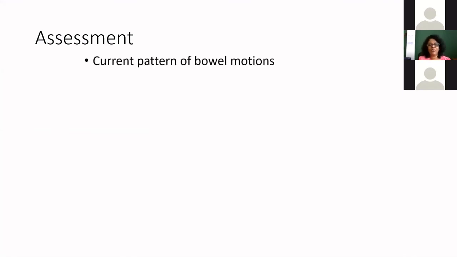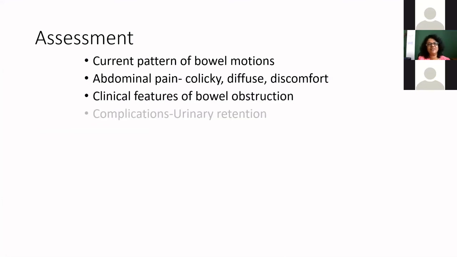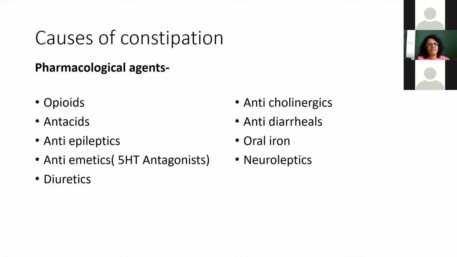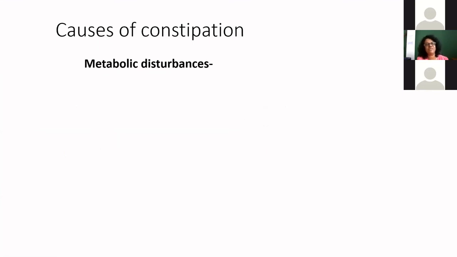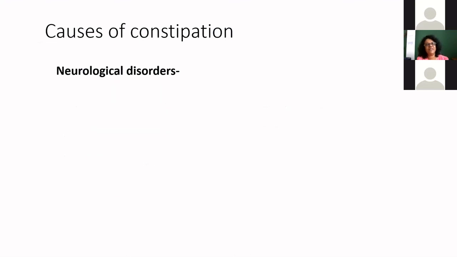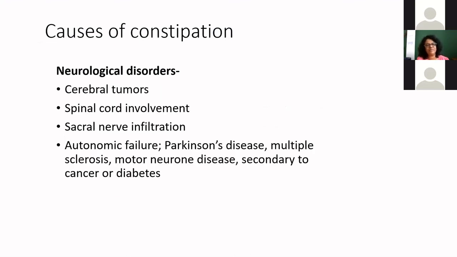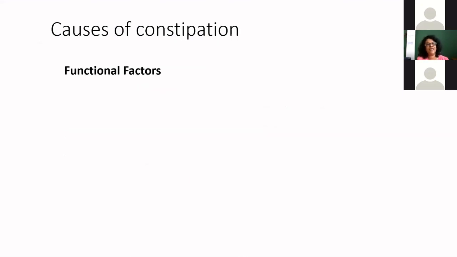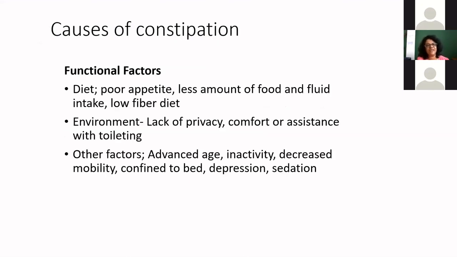All right, so we need to assess the complications as well as the patient's symptoms, and we need to have an idea what the causes of constipation are. There are pharmacological agents, metabolic causes, neurological problems, structural abnormalities, and functional causes, diet, environment, and other factors.